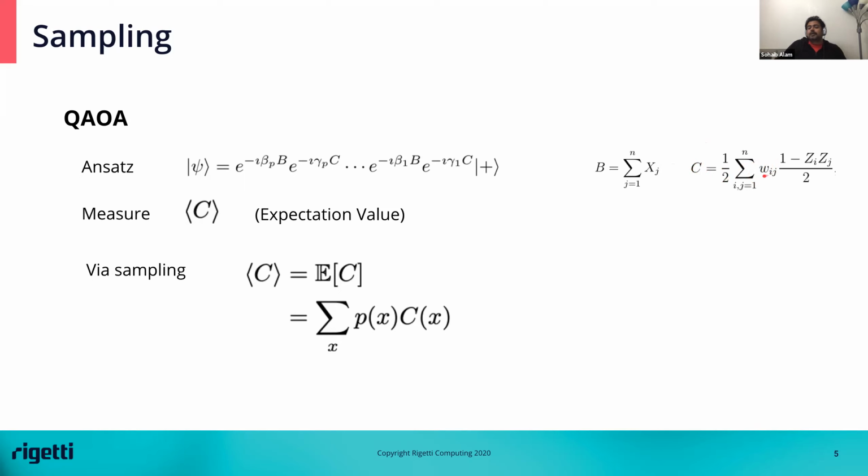That's what people worry about when it comes to how many shots you need in order to estimate something to within some tolerable error. And that was one of the earlier big complaints around variational algorithms.